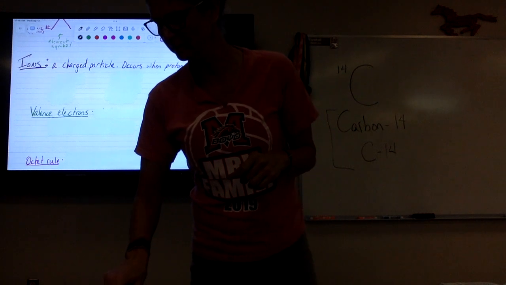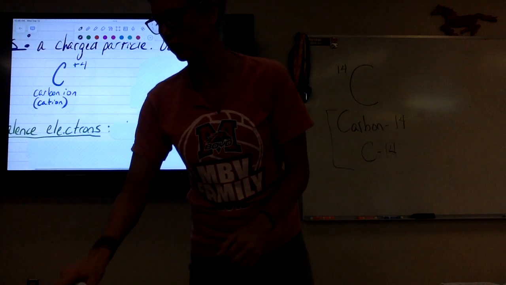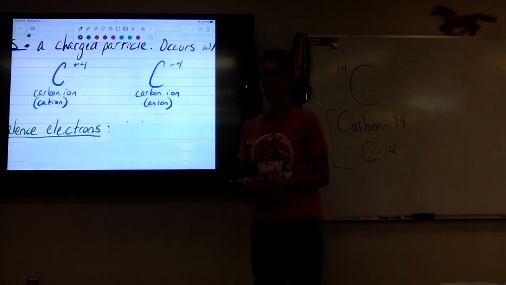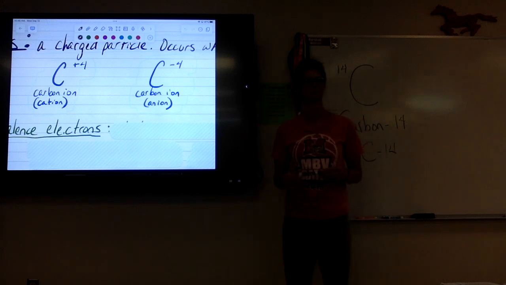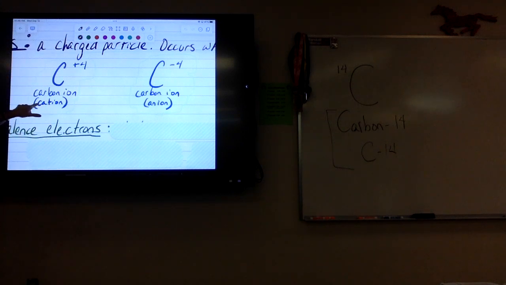So carbon can have two charges. It can be a positive 4 or a negative 4. If it's a positive, I can put the prefix cat in front of the word ion, cation, and that means positive.